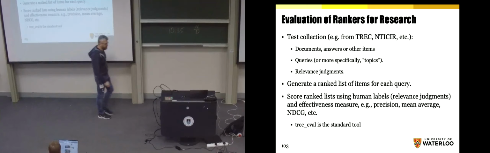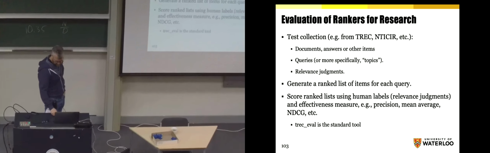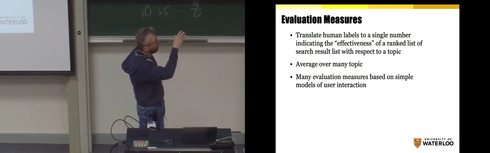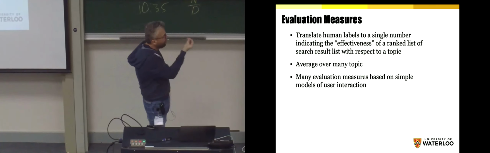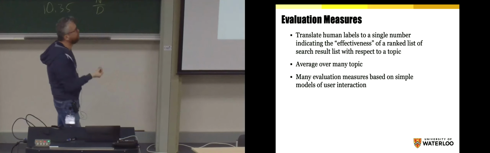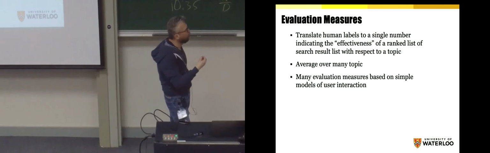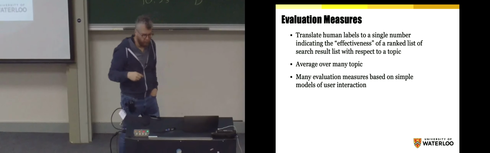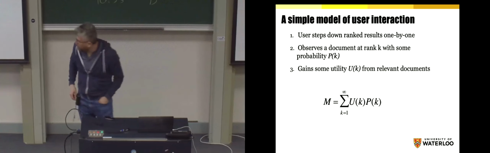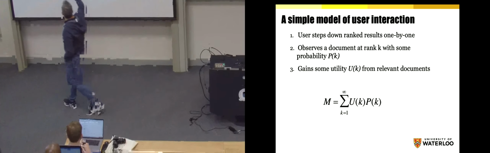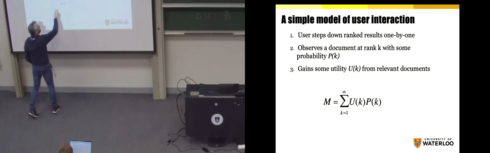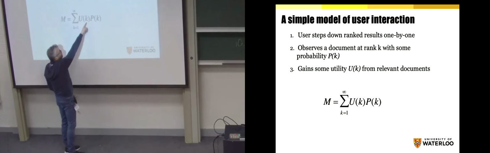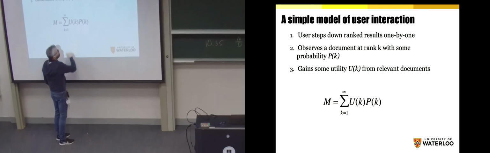So NDCG. The idea of these metrics is to translate human labels into a single number for each query that says how good the answer was for the question, or how good the ranked list was for the topic. Then we average over a whole bunch of topics. The typical measures look something like this. We sum over the ranks some benefit from the thing at rank K, and then some weight.